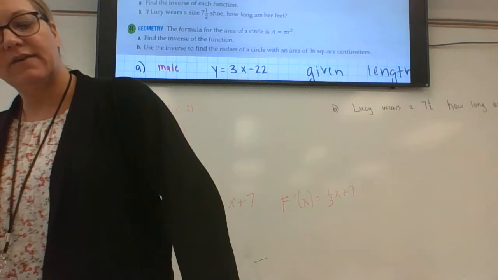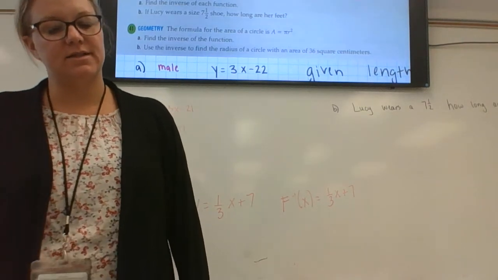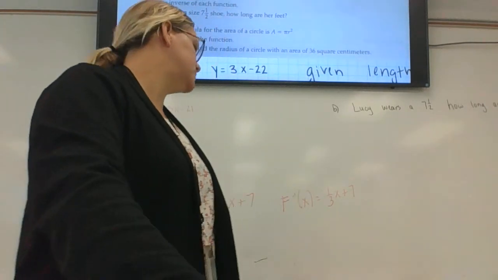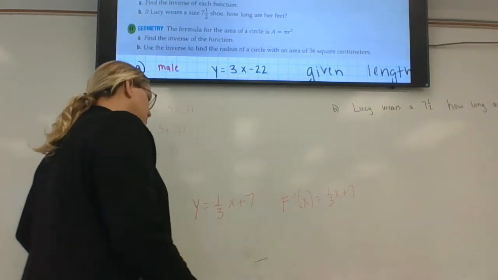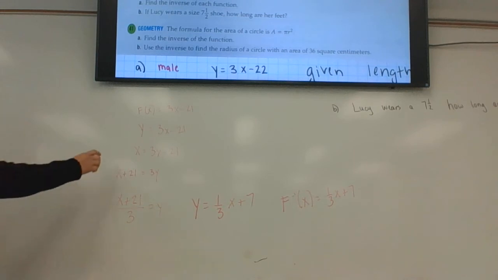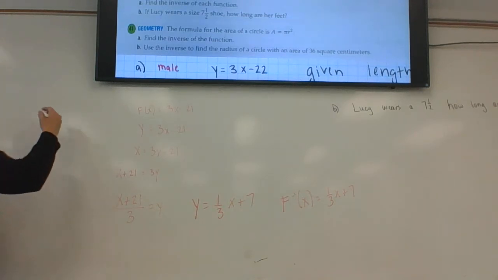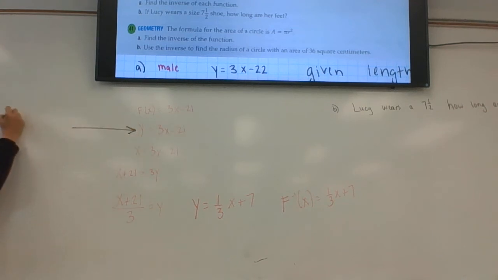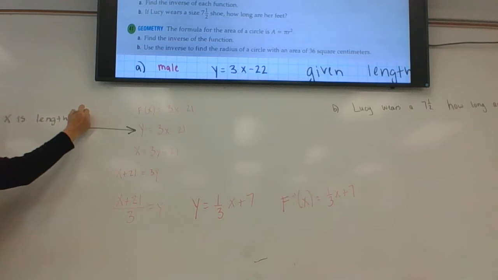In this given equation, x is the length of the foot and y would be the shoe size. So for Lucy, we're looking at the female one. So if I were to focus on this, x is the length of foot and y is shoe size.